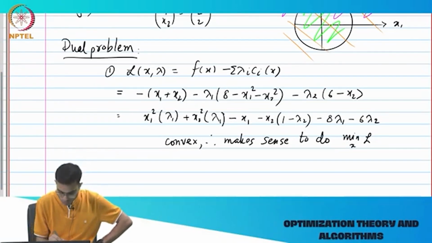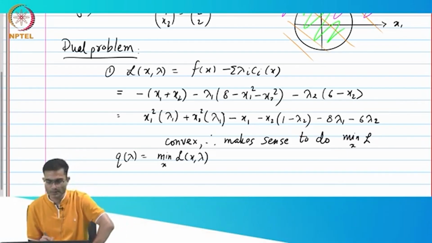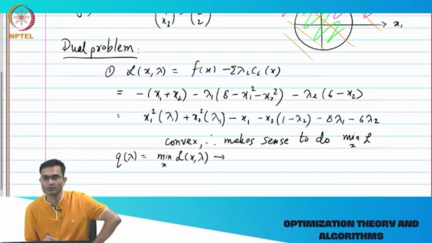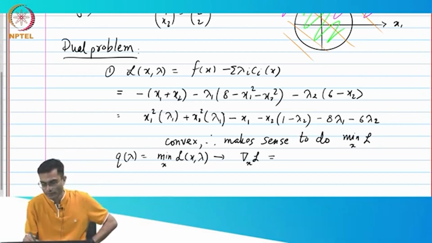Okay, so Q of lambda is going to be the minimum with respect to x of this, right? To get this, I would take the gradient with respect to x1, x2. So what is the gradient of the Lagrangian with respect to x?